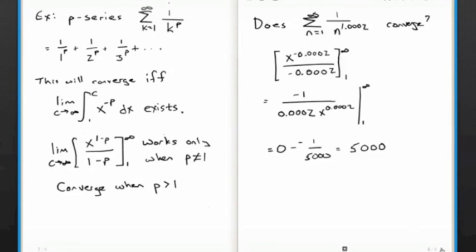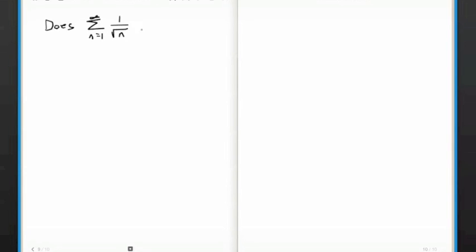Let's try. Does the sum from n equals 1 to infinity of 1 over the square root of n converge? Well, same deal applies here. We can check it out.